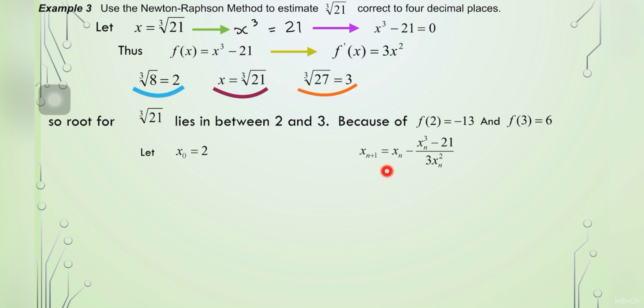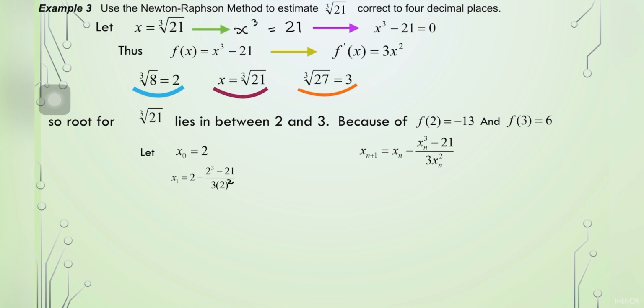So we have x(n+1) equals xn minus the function, which is xn cubed minus 21, over 3 xn squared. We are going to use this formula in order to get the next value of x. We substitute the value of x0 into this formula to get x1.